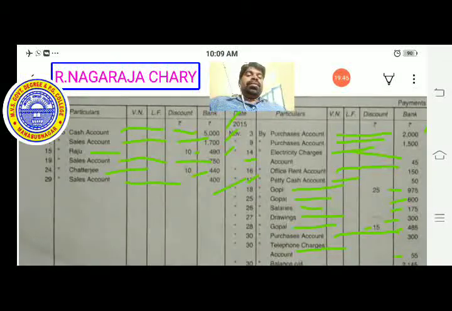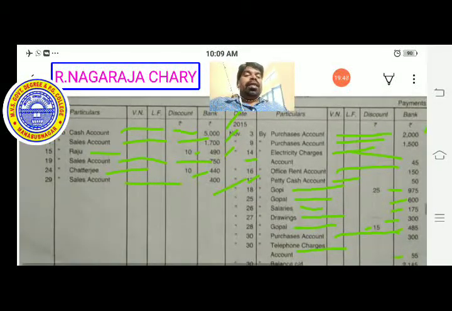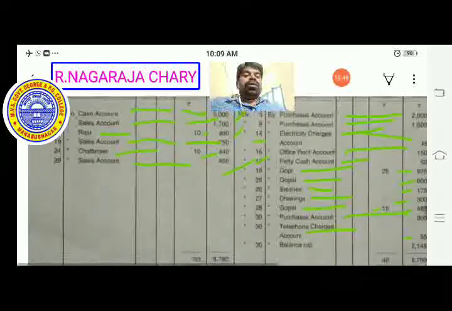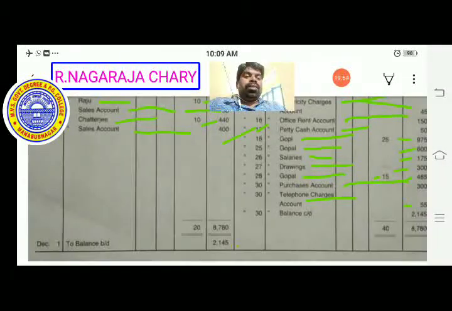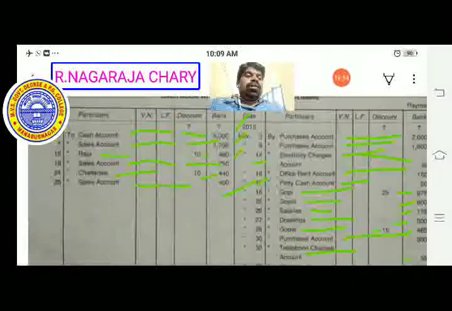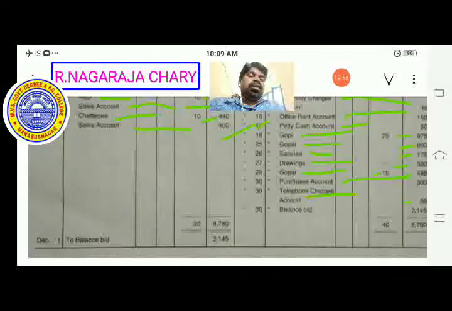So the debit discount column, that is the discount allowed column, is 20 rupees, whereas the credit discount column is 40 rupees. The debit discount column is nothing but discount allowed, and the credit discount column is discount received. These two columns are not to be balanced, just totaled.